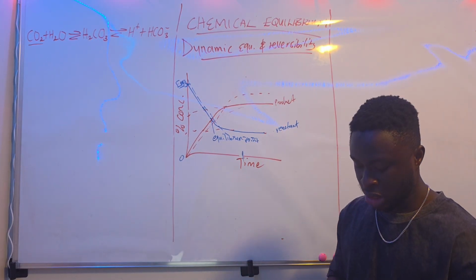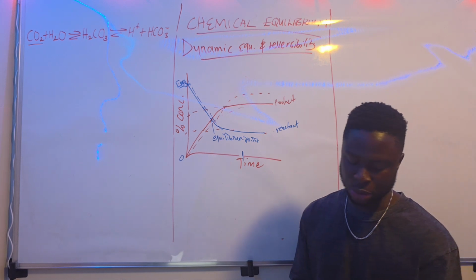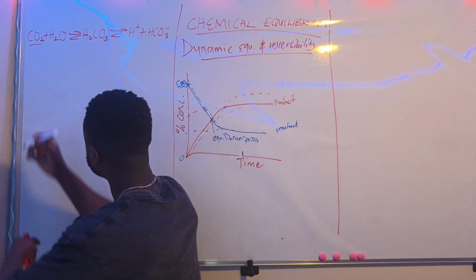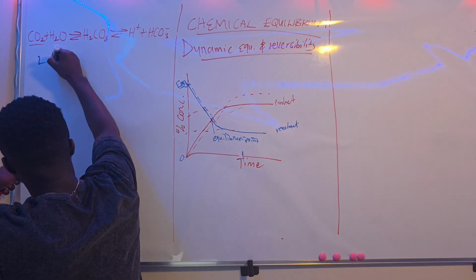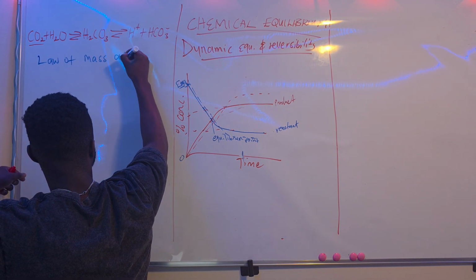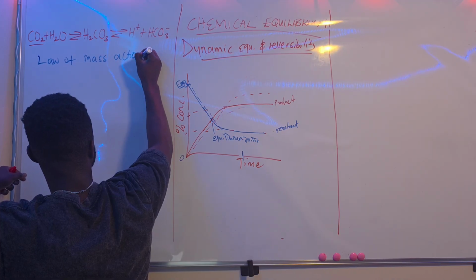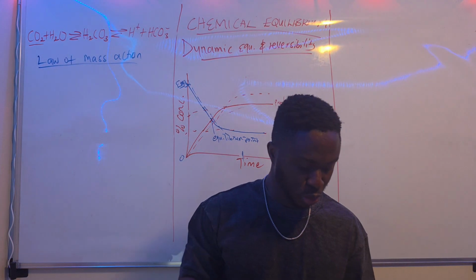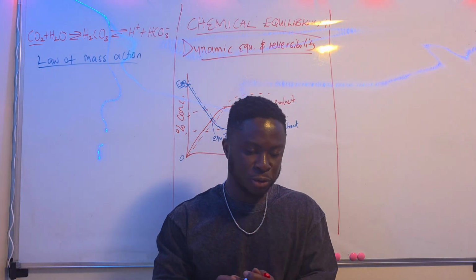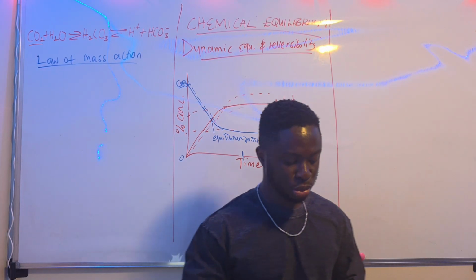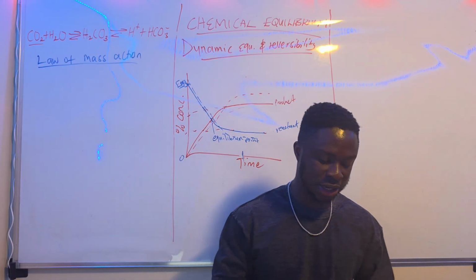So from here, let's move on to something that we call the law of mass action. Let me come over here and let's do it. Law of mass action. Now, when we talk about the law of mass action, what we are talking about is the equilibrium constant of the reaction.